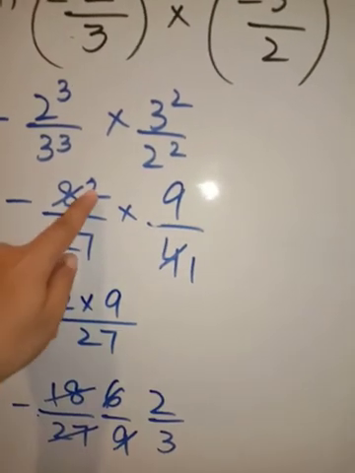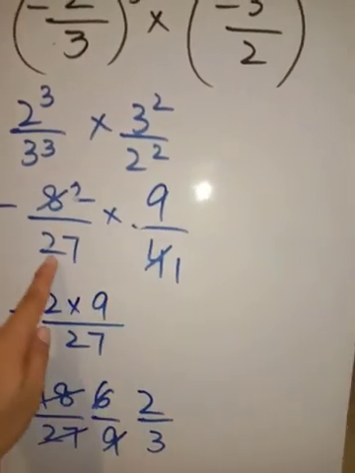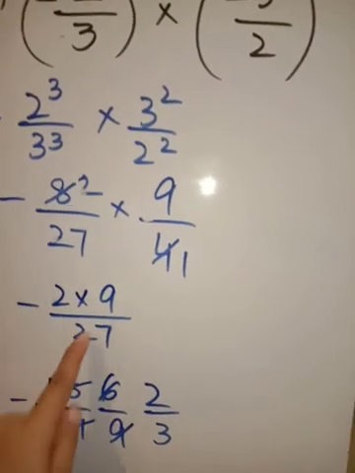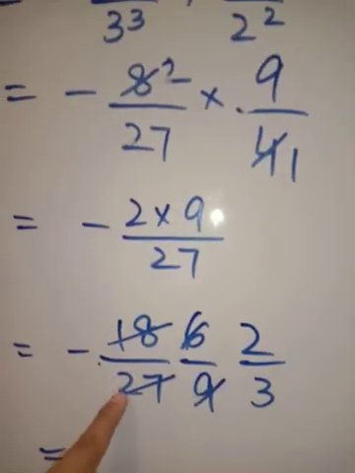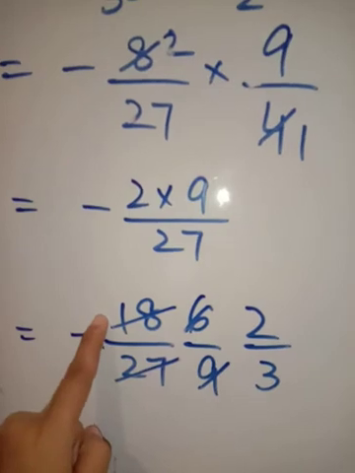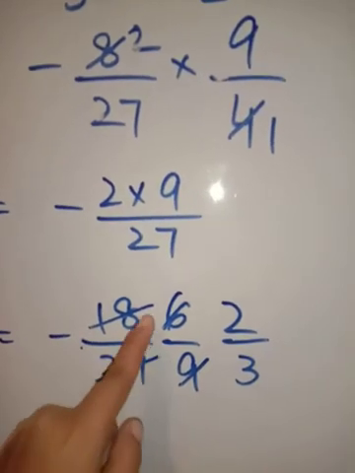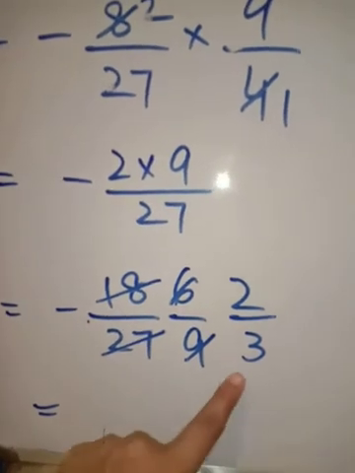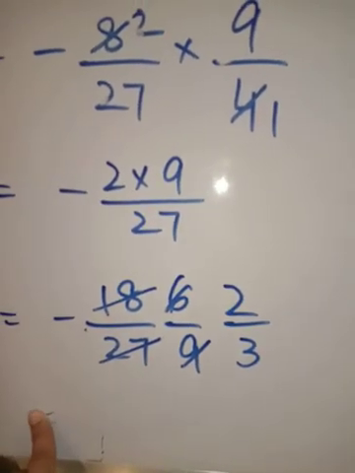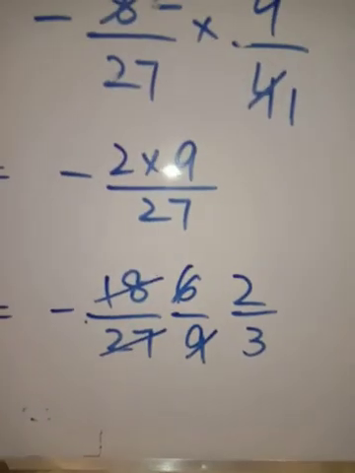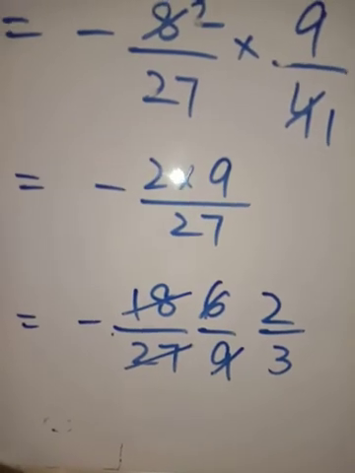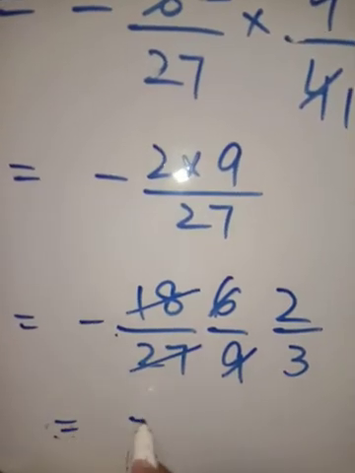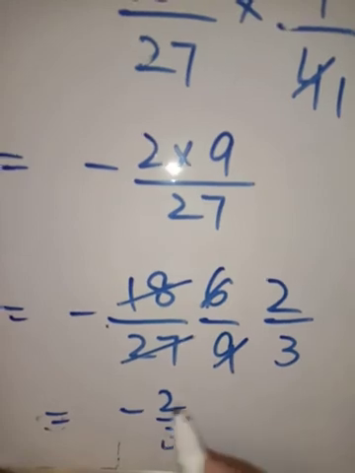We are left with 2 and 9 in the numerator and the denominator is 27. 2 9s are 18 and denominator is 27. 3 6s are 18, 3 9s are 27. 3 2s are 6, 3 3s are 9. We are left with 2 by 3. Minus 2 by 3 is our answer. How will you write it? You will write minus 2 by 3.